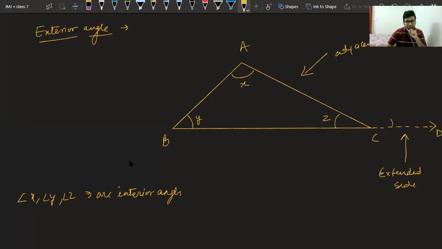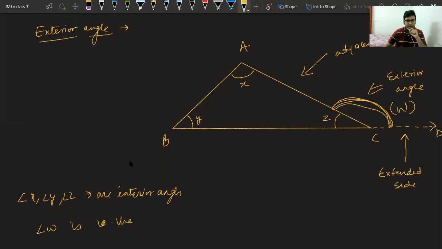The angle between these two, class, this angle is known as the exterior angle. Let me call it W. So we can say W is the exterior angle.